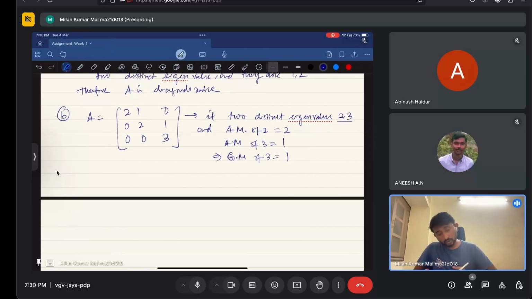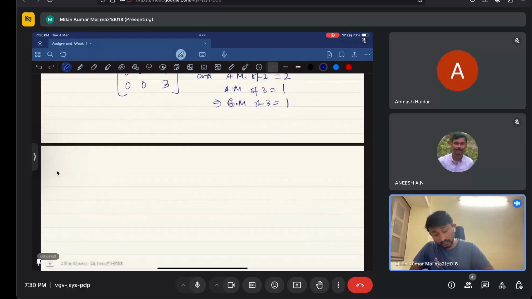So if we can show that the geometric multiplicity of 2 is 2, then that matrix will be diagonalizable. If the geometric multiplicity of 2 is 1, then the matrix will not be diagonalizable, because we will not be able to have an ordered basis of R3 such that A can be represented as a diagonal matrix.